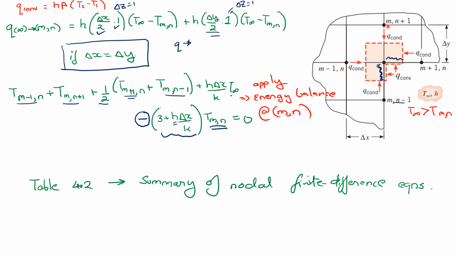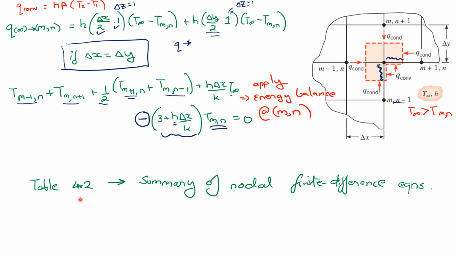You may have this node on the boundary itself, and your entire node can be exposed to convection. So this can be your boundary which is exposed to convection. You may have the node exposed to a constant heat flux or insulated. So there are different types of boundary conditions, and table 4.2 gives you the equations for these different scenarios.